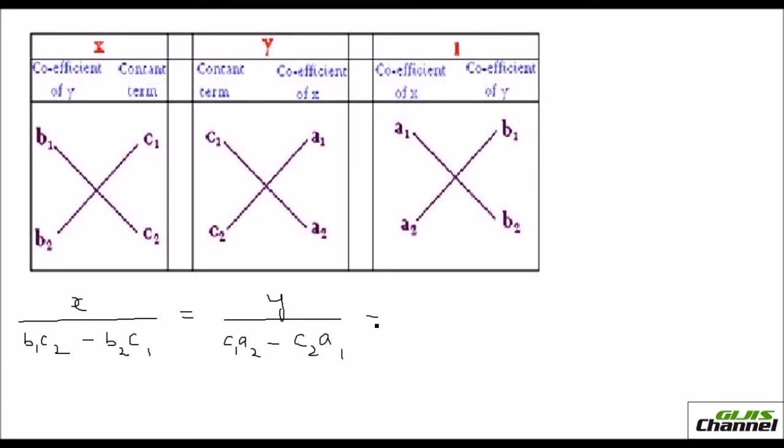For the constant term, you just write the coefficients of x and y, so it would be a1b2 minus a2b1. You might find this a little confusing, you will understand when we do a problem on it.